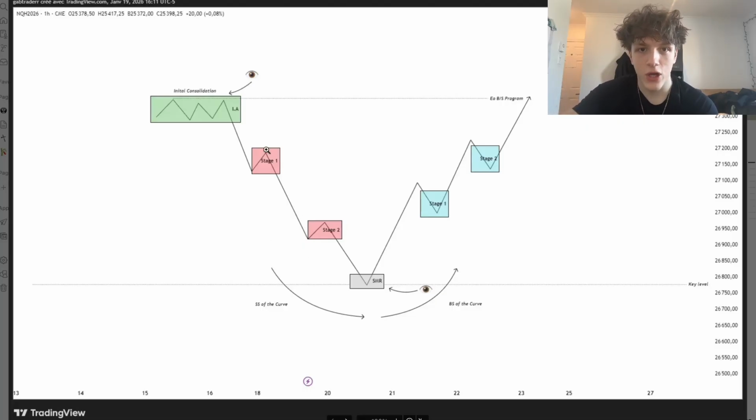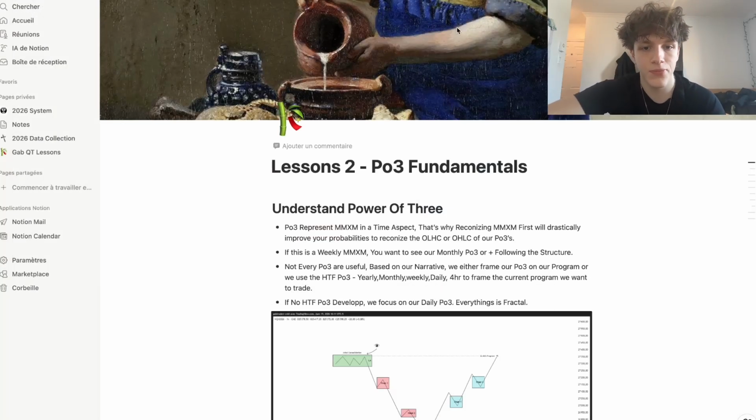During the buy side of the curve, you would expect price to most likely make open, low, high, close towards the initial accumulation at the high, right? So using the market maker buy model, you will know how to frame your weekly Power of 3s or monthly Power of 3s, everything aligned. So that's just a quick peek at what we will talk about in this video.